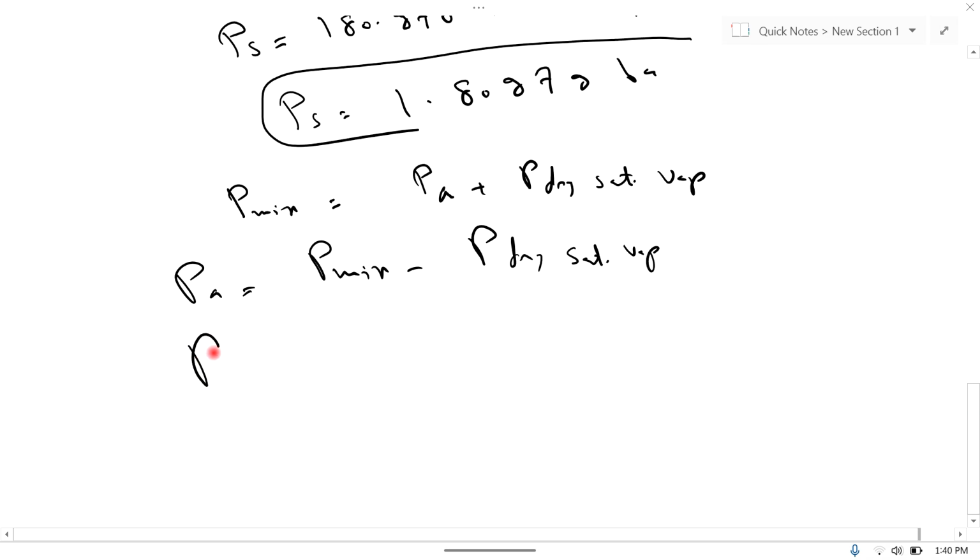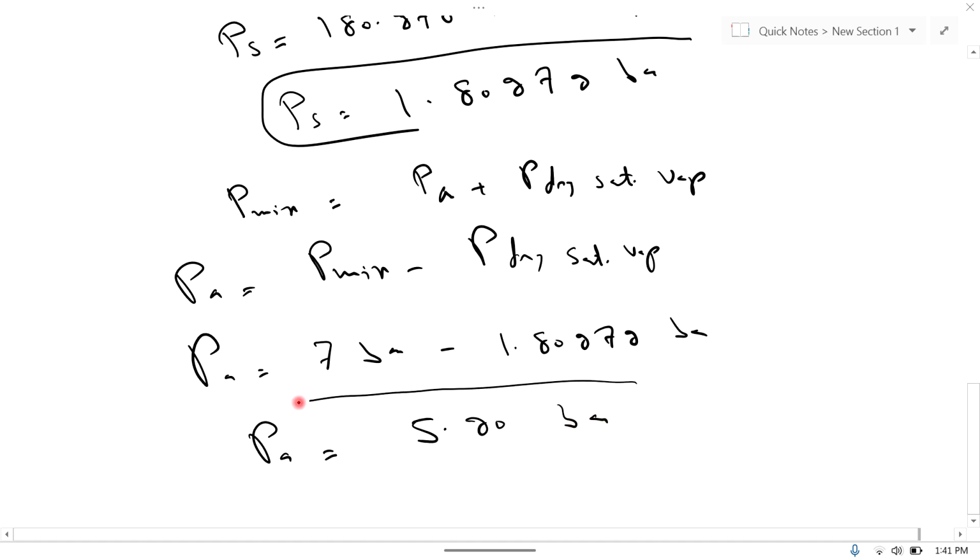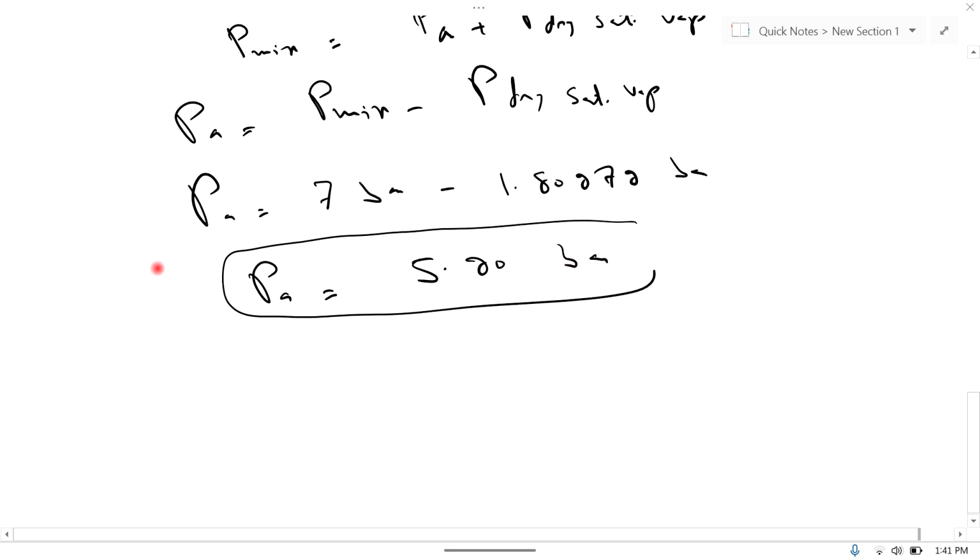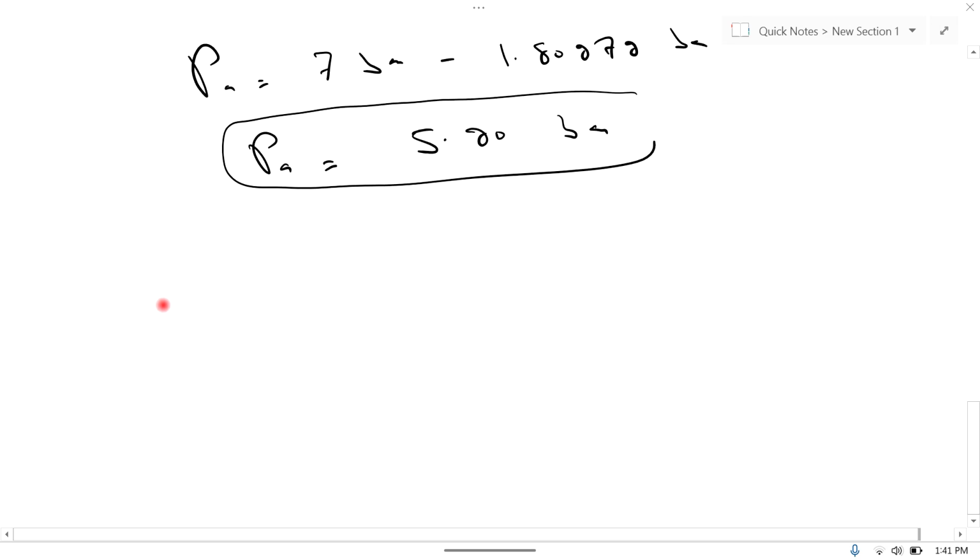The total pressure given to us is 7 bar minus 1.80272 bar, which is approximately equal to 5.20 bar. Now we have to find the mass of dry saturated vapor.